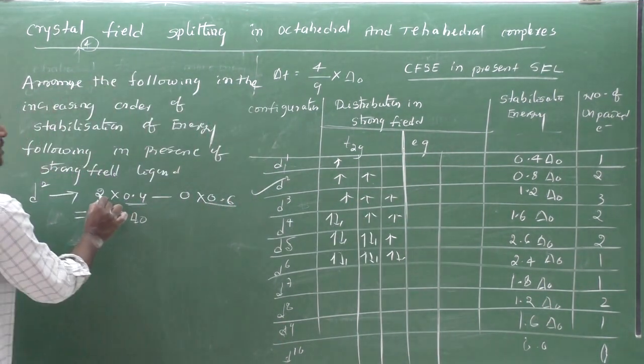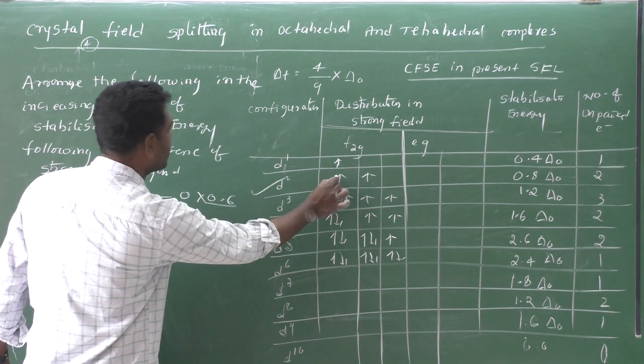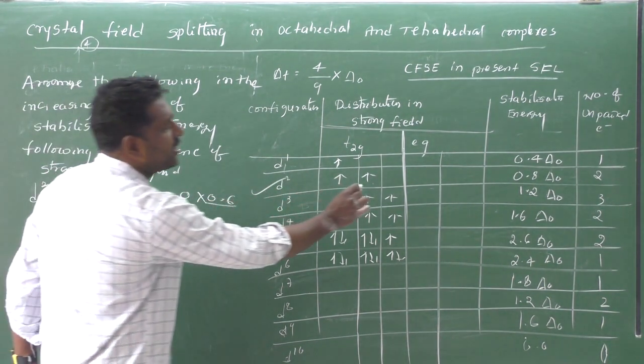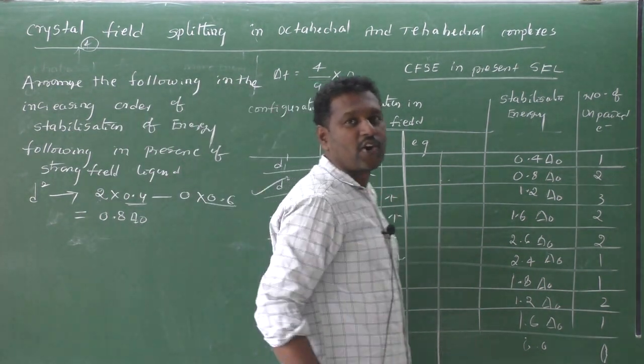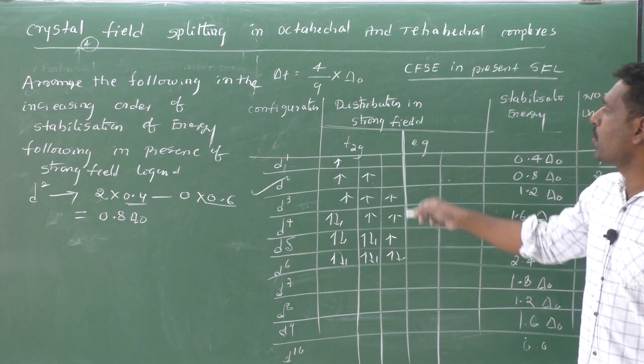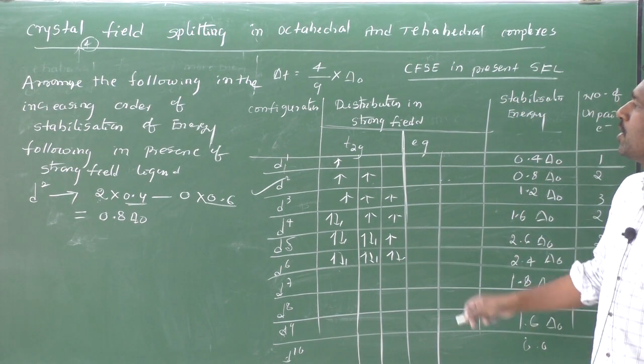How many unpaired electrons are there in T2g? 2. In Eg, 0 electrons. This is the calculation.